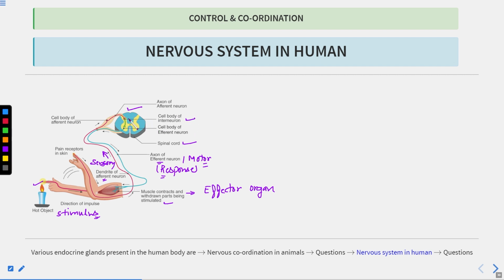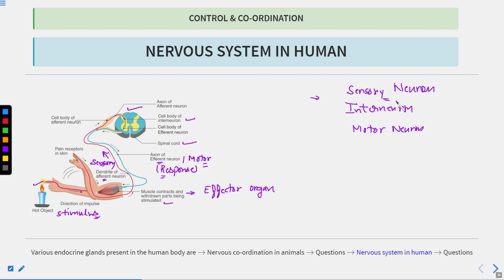So the interneuron is present within the spinal cord, you can say, or the central nervous system. First we have the sensory neuron. Then we have the interneuron that connects the two. And then in the end we have the motor neuron. Okay, so these are the types of neuron.